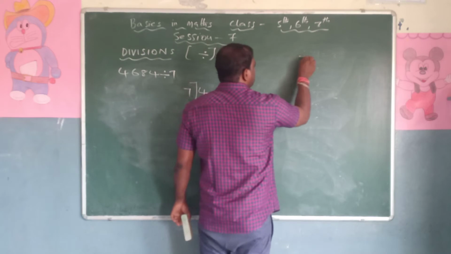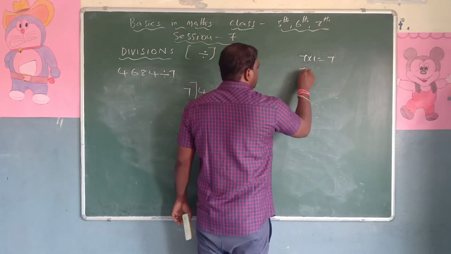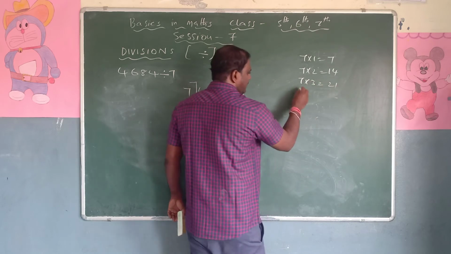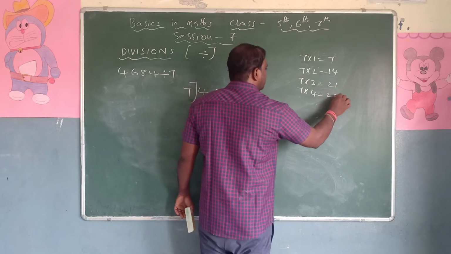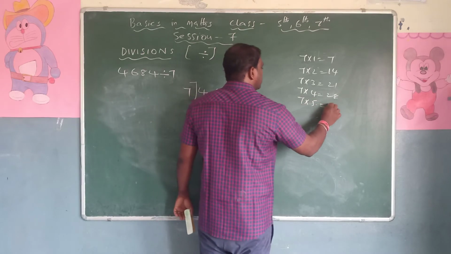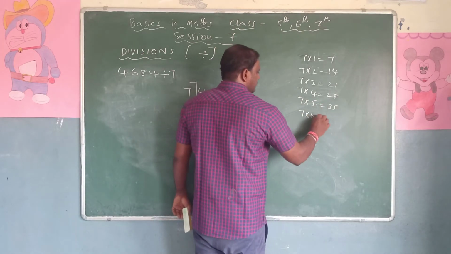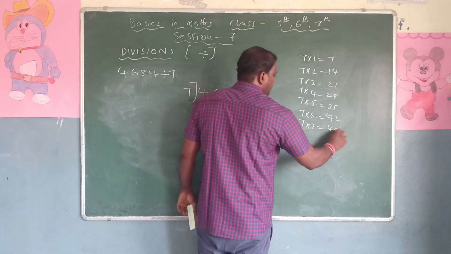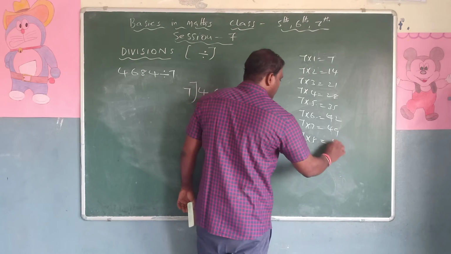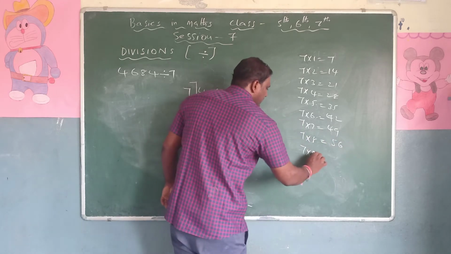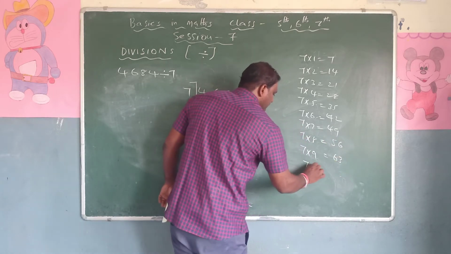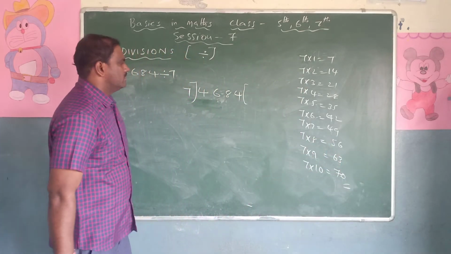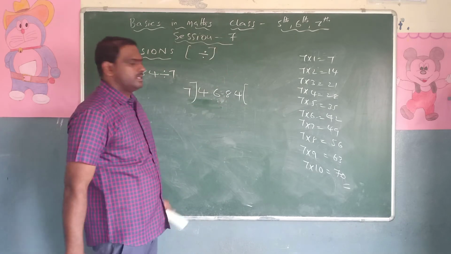So write the 7 table. 7 ones are 7. 7 twos are 14. 7 threes are 21. 7 fours are 28. 7 fives are 35. 7 sixes are 42. 7 sevens are 49. 7 eights are 56. 7 nines are 63. And 7 tens are 70. That's all. First, I have written the table.